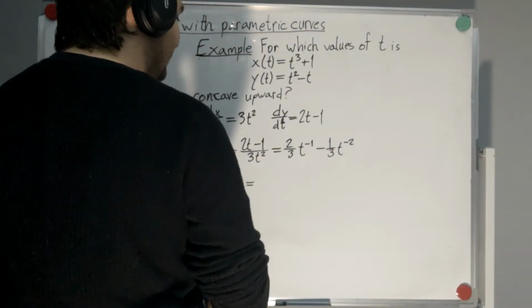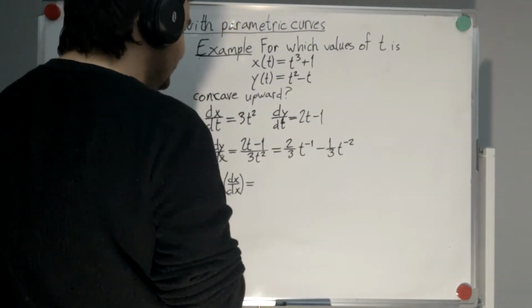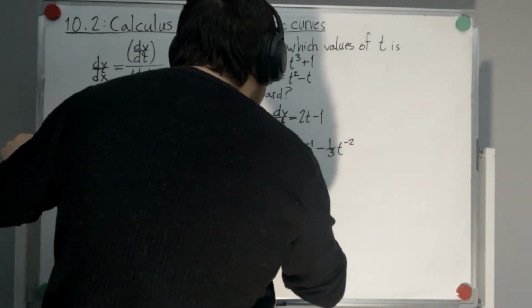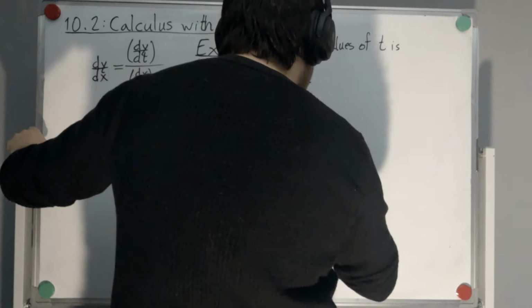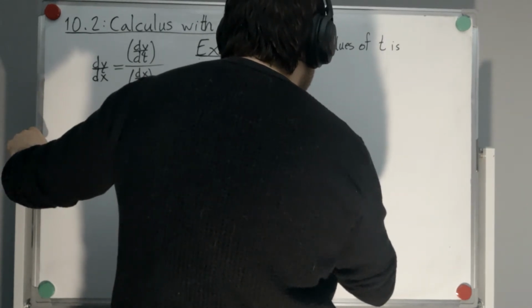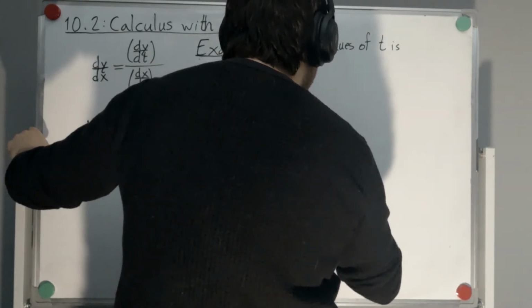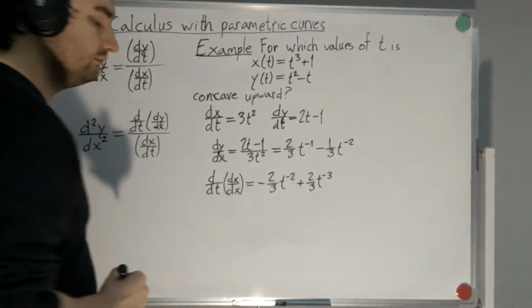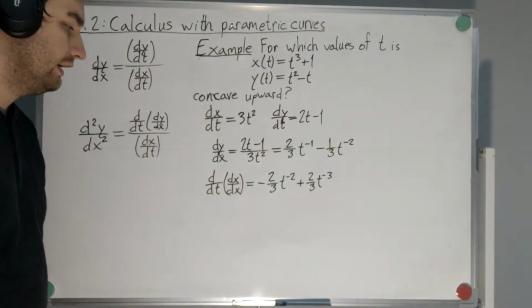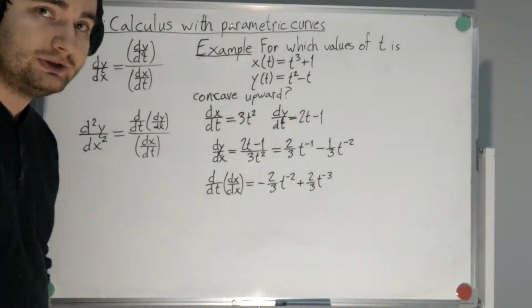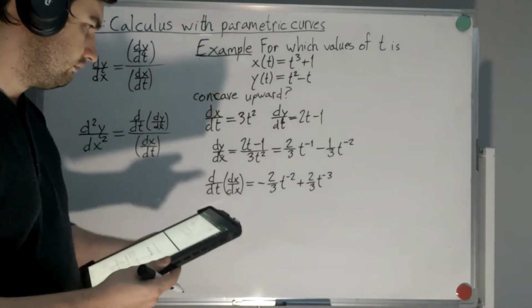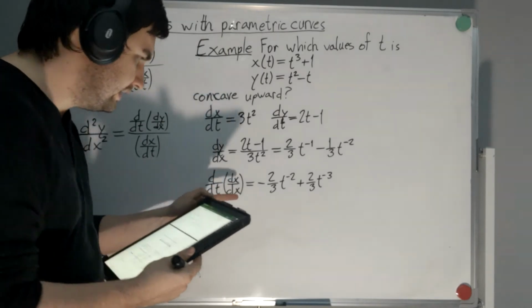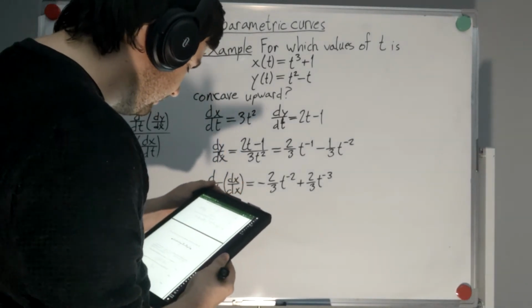So then, if you take the derivative of this with respect to t, you get -2/3 t to the -2 plus 2/3 t to the -3, and that's the derivative with respect to t. Let me just make 100% sure that that matches up with what I have in my notes.